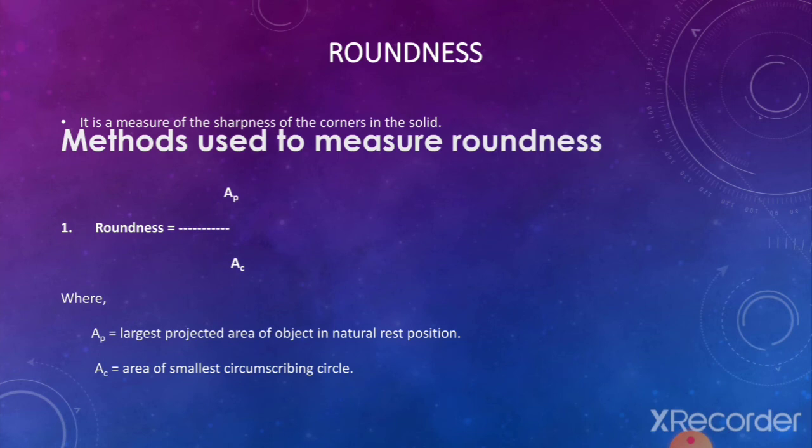So the next physical property is roundness. Roundness is nothing but the measure of the sharpness of the corners in the solid. There are basically three methods which are used to measure the roundness. The first is roundness, which is the ratio of Ap by Ac, where Ap is the largest projected area of the object in natural rest position, and Ac is the area of the smallest circumscribing circle.